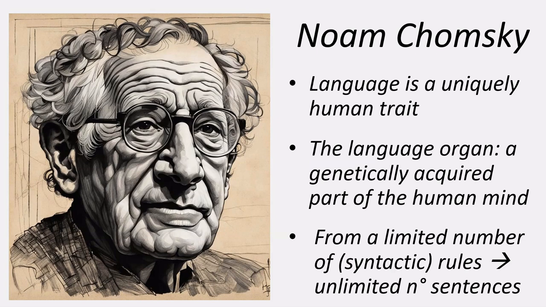What's even more, humans possess a language organ, which is a genetically acquired part of the human mind. This is what allows us to produce and comprehend language the way we do: from a limited number of phonemes and syntactic rules, we generate an unlimited number of sentences.